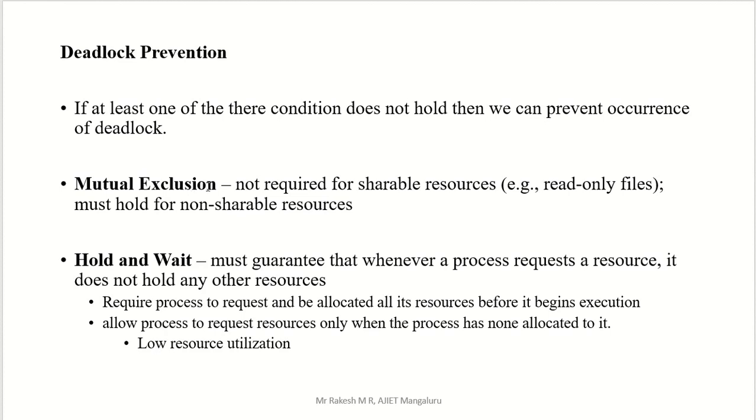Mutual exclusion. We already saw that we have two processes, P1 and P2. Consider, just as an assumption, P1 and P2 are the two processes, both waiting for only one resource, R1. P1 wants R1, P2 also wants R1. What is the mutual exclusion concept? Any one of P1 or P2 is allowed to enter the resource while the other waits.